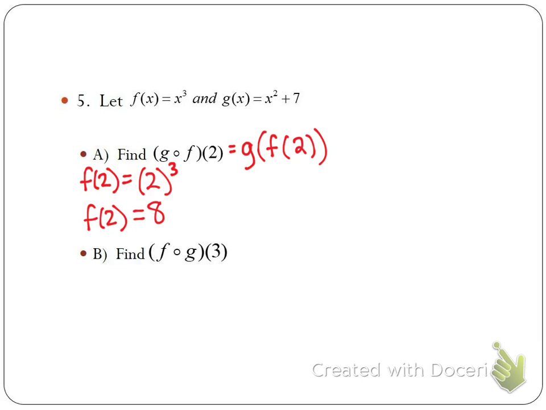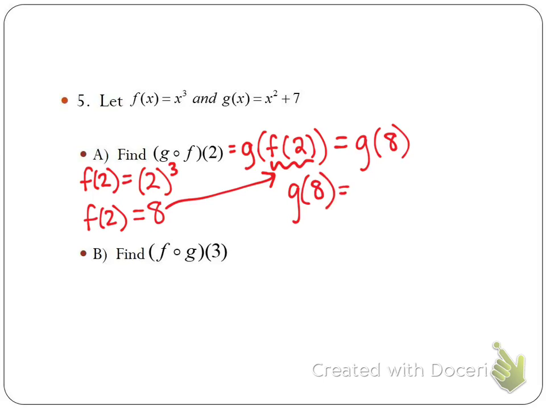Okay, so I'm going to take that number, 8, and plug it in for where I had the f of 2 part. So now instead, it'll be written as g of 8. Now we need to use the g function. G of 8.